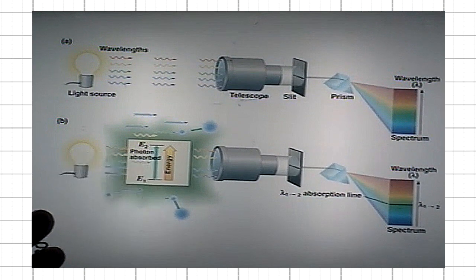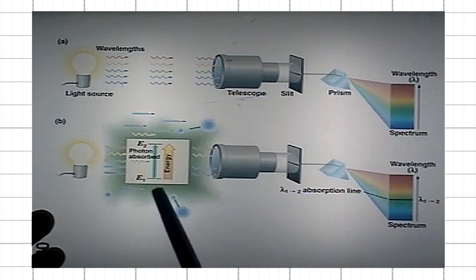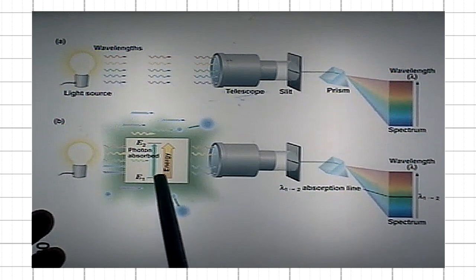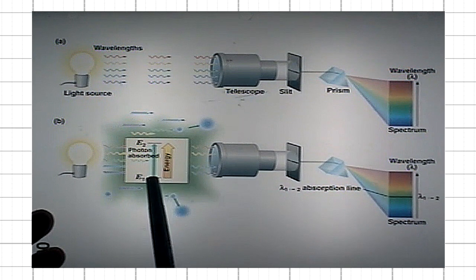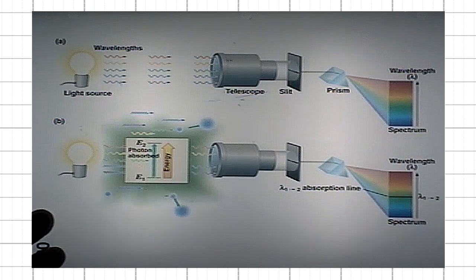But now if this light is passing through a gas, and the photons that have just the right energy so that they can be absorbed by the electrons, and they can be absorbed if the energy is such that an electron can promote it from one energy level to any other one, right? But the energy must be fixed by the energy difference between the final and the initial state.